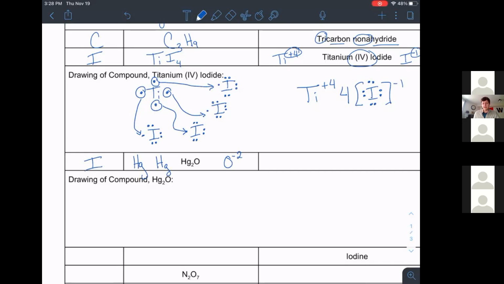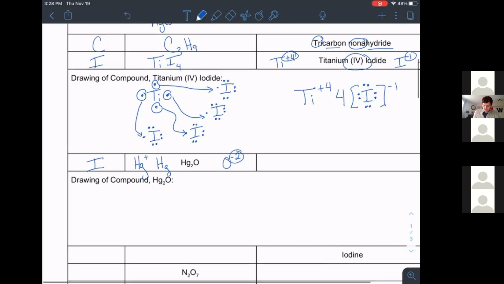Those 2 mercuries have to have a total of a +2 charge to add up to make 0 for our total charge or net charge, which means each mercury has a +1 charge. Or we're going to have mercury 1 oxide.